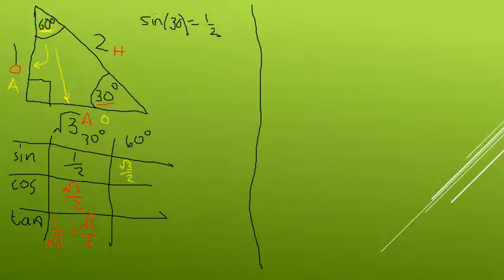The cos of 60 degrees is the adjacent, so we're looking at 60, the adjacent side is 1, and the hypotenuse is 2, is 1 on 2. And the tan of 60 degrees would be the opposite, which is root 3 divided by 1, so it's just root 3.